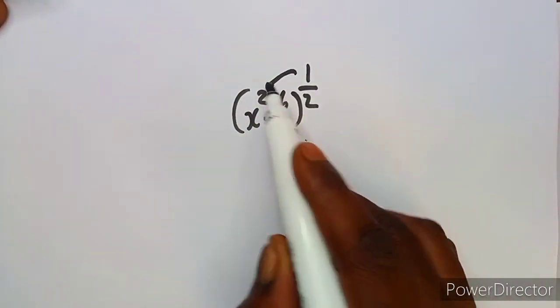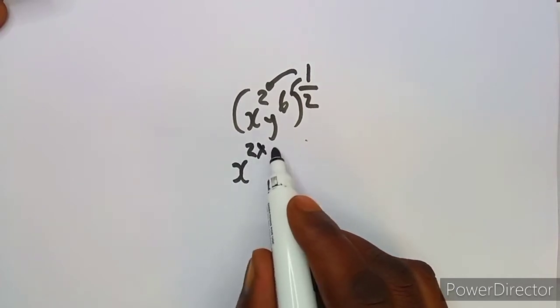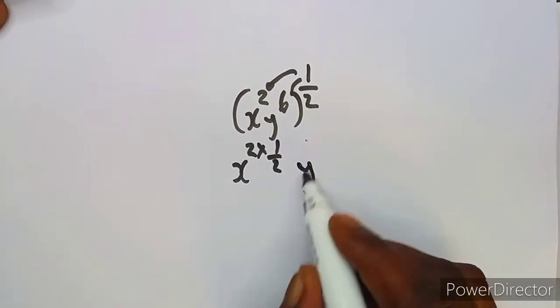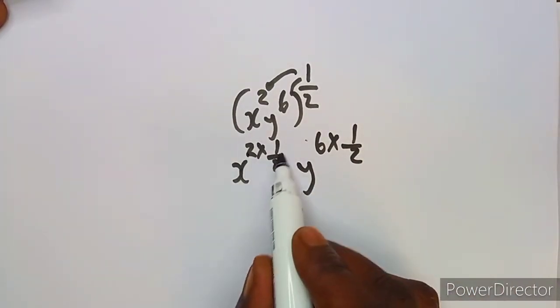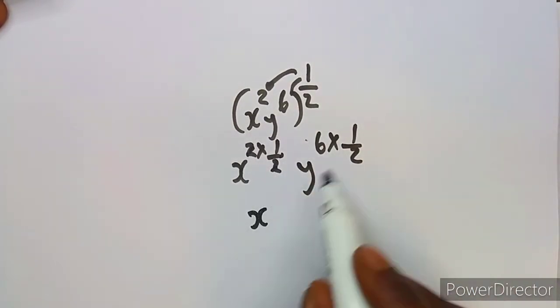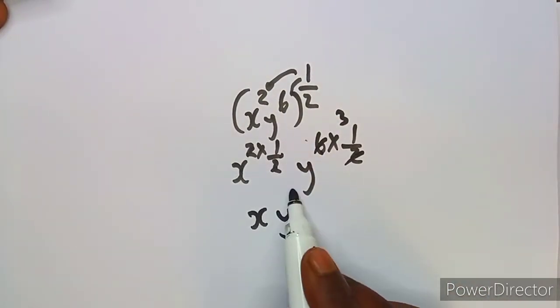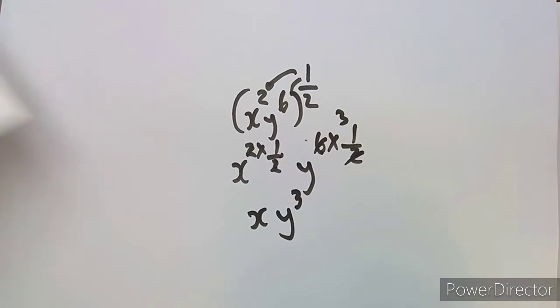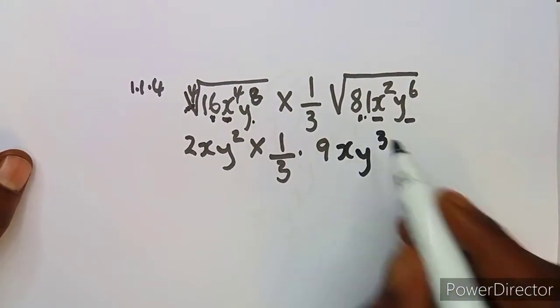So this 1 over 2 is going to multiply 2 and also multiply 6. So it's x to the exponent of 2 times 1 over 2, y to the exponent of 6 times 1 over 2. 2 times 1 over 2, that's a 1. 6 times 1 over 2, that's a 3. So you're going to obtain y to the exponent of 3. So this one is going to give you 9x y to the exponent of 3.